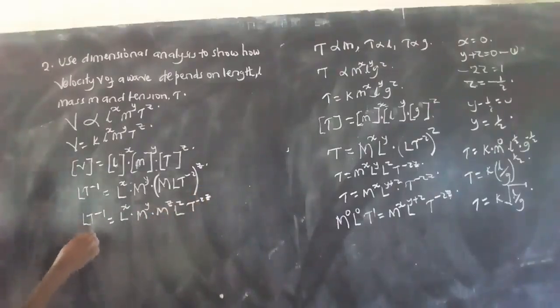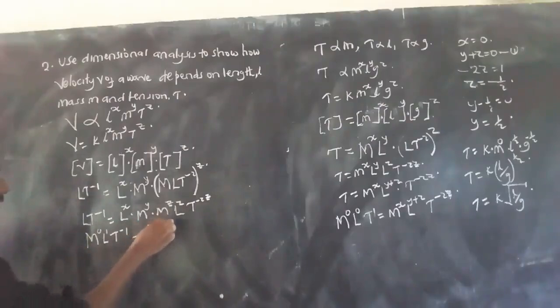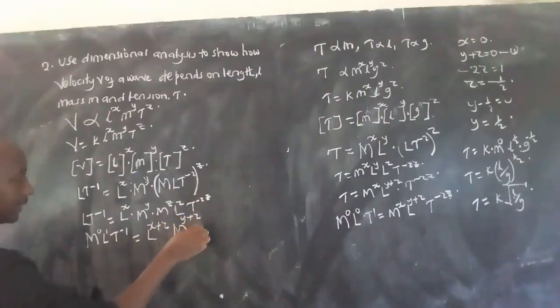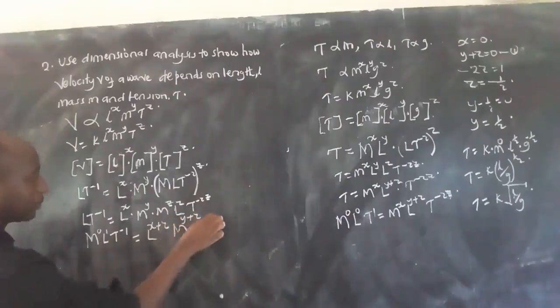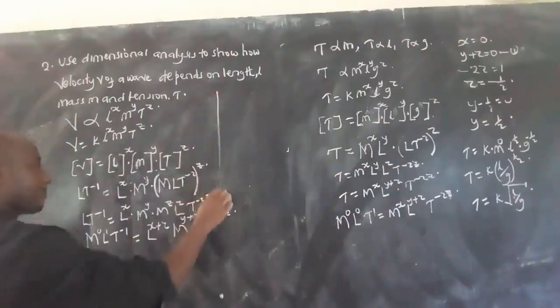So it means M to power 0, L to power 1, T to power negative 1 should give us L to power x plus z, times M to power y plus z, times T to power negative 2z.